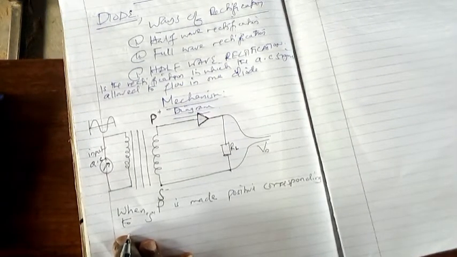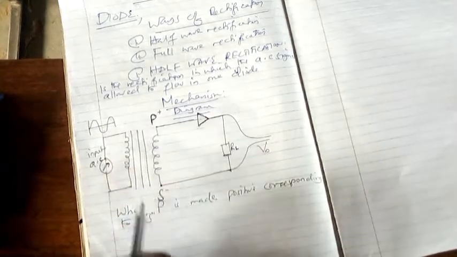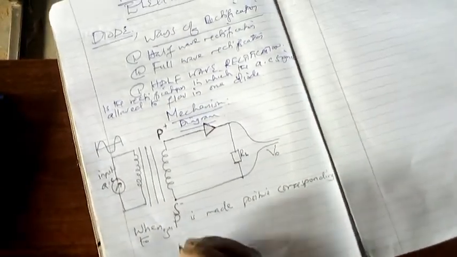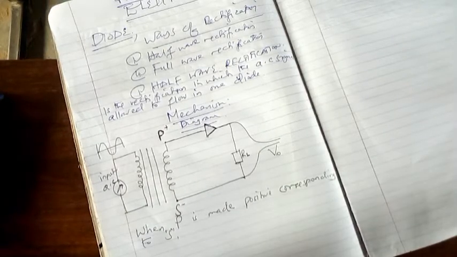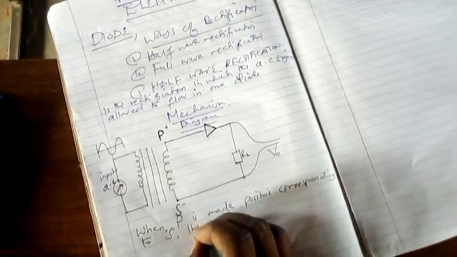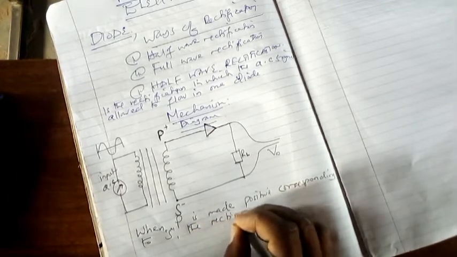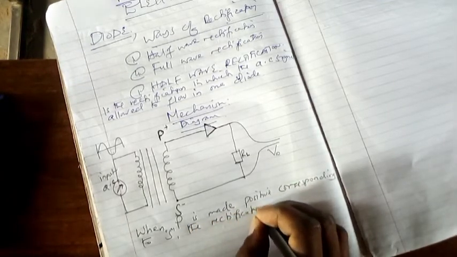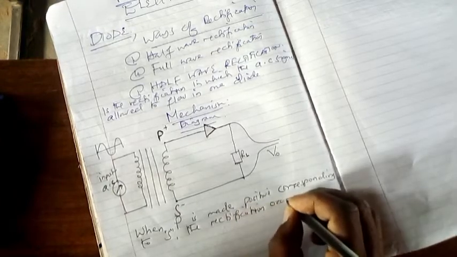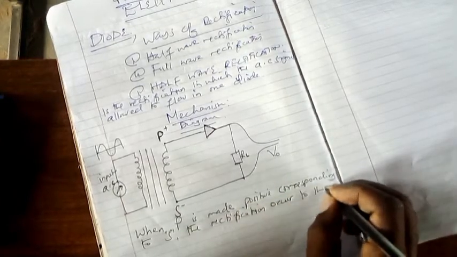The first is positive and the second is negative. If this one is positive, then this one is negative. After that, you write that the rectification occurs in the diode.